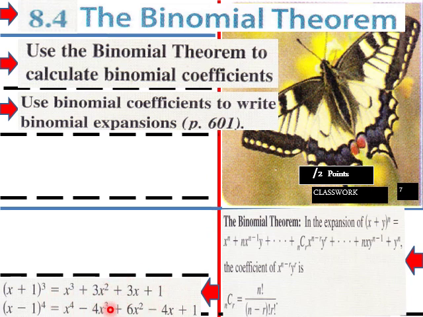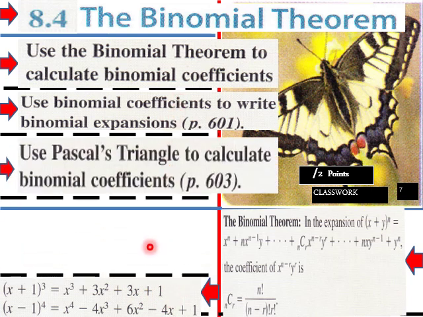And then your coefficients are down here for (x minus 1) to the 4th. And you can go back into your triangle, and then this would be your coefficients here from the row on the triangle to come up with your coefficients.